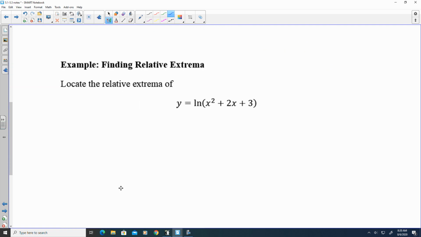All right, last question here is finding relative extrema of this function involving a logarithm. So I'm just going to take the derivative like I would anytime I'm looking for extrema. dy dx equals the derivative of the inside, 2x plus 2, over the inside.